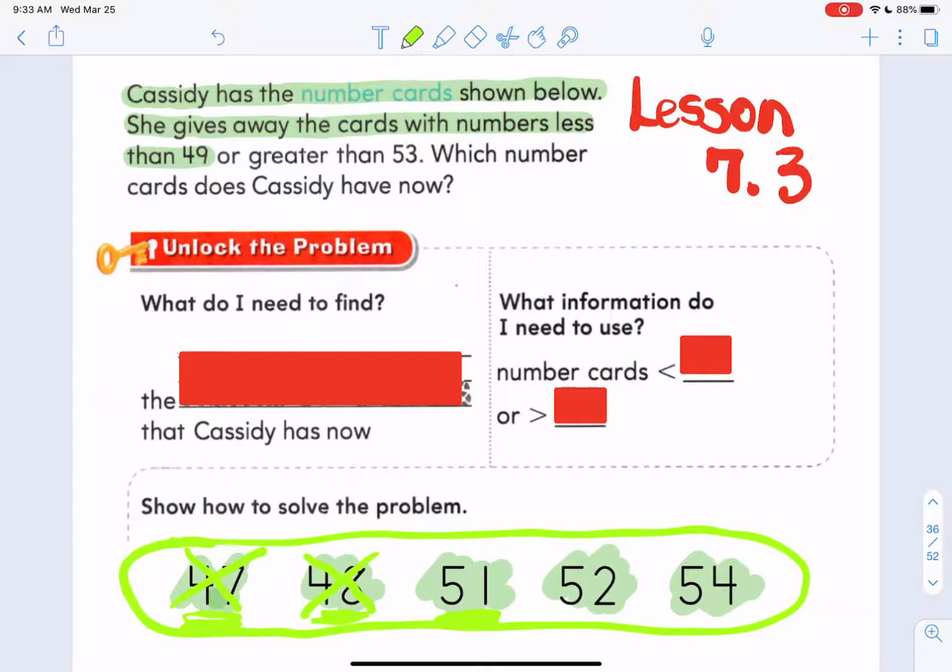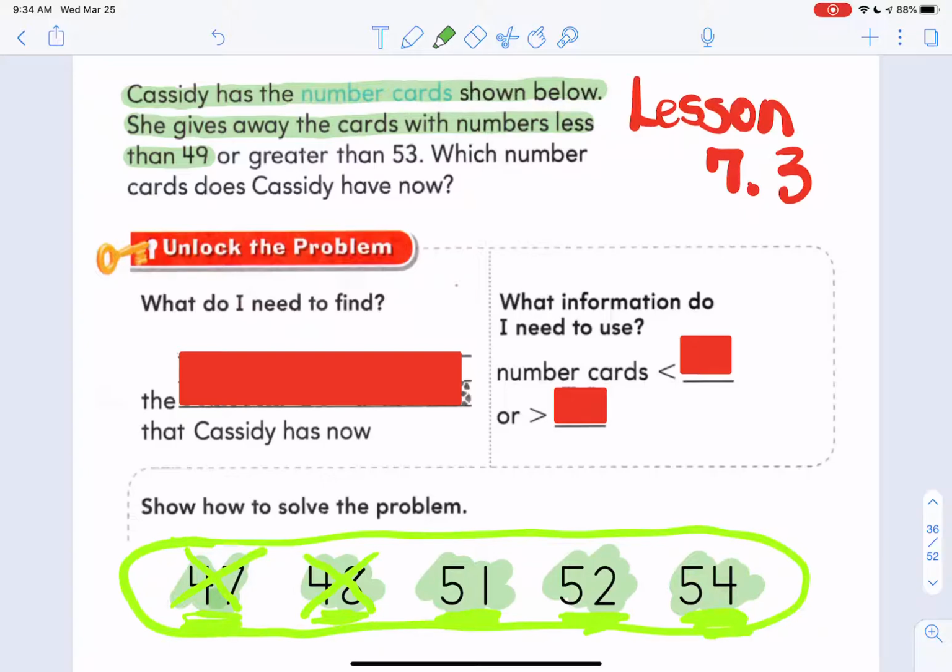Is that less than 49? No, so I'm going to leave that alone. 52. That's greater than 49. Leave that alone. And 54, again, that's greater than 49. That's not less than, so I have to leave it alone. But I'm not done. Let's go back to the problem.